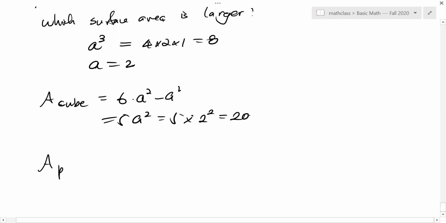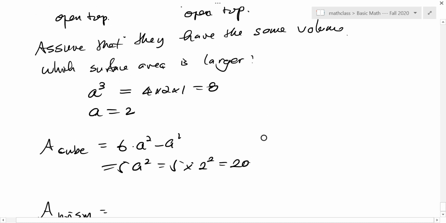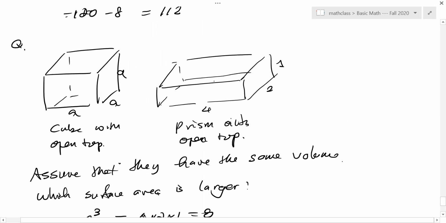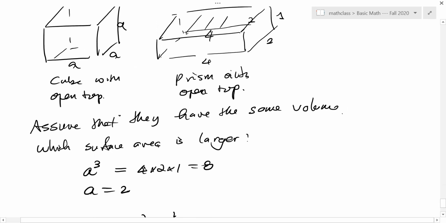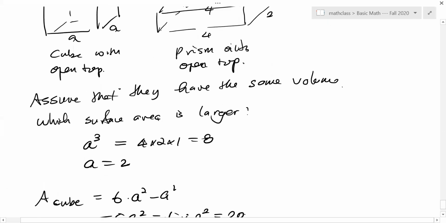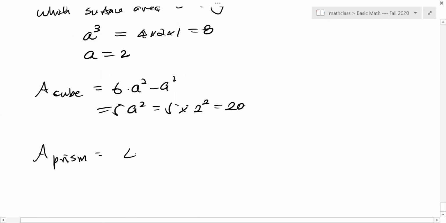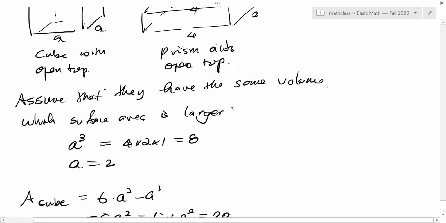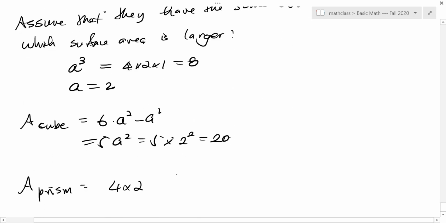How about the area of the prism? Well, let's look at the formula, right? Look at the picture. Which ones are not included? The one with 4 and 2, right? So we can use a subtraction to get that. So 4 times 2, you only count the one.